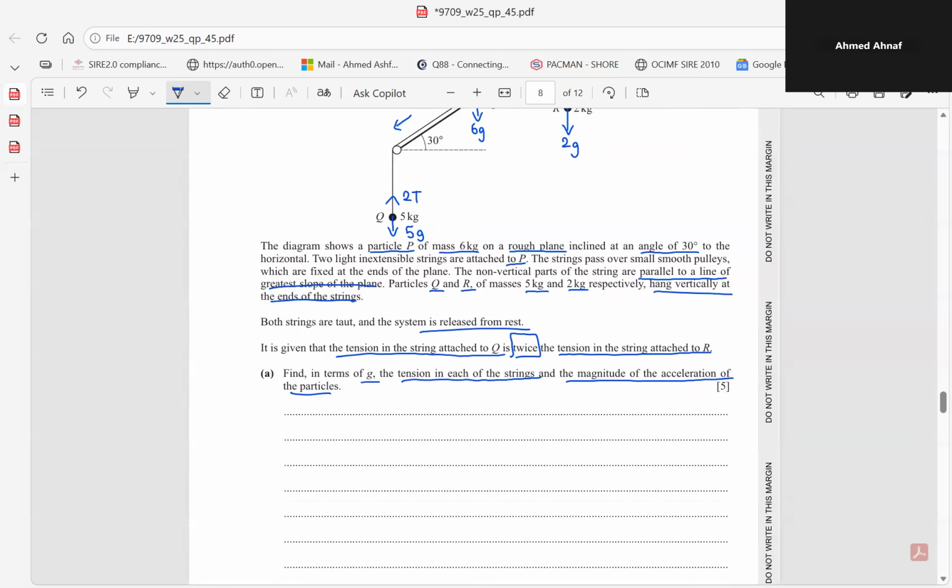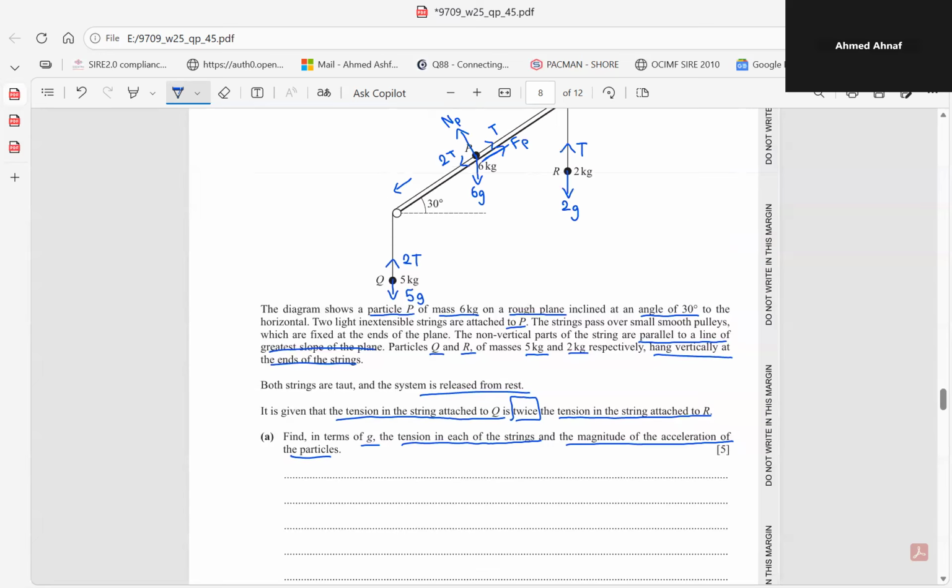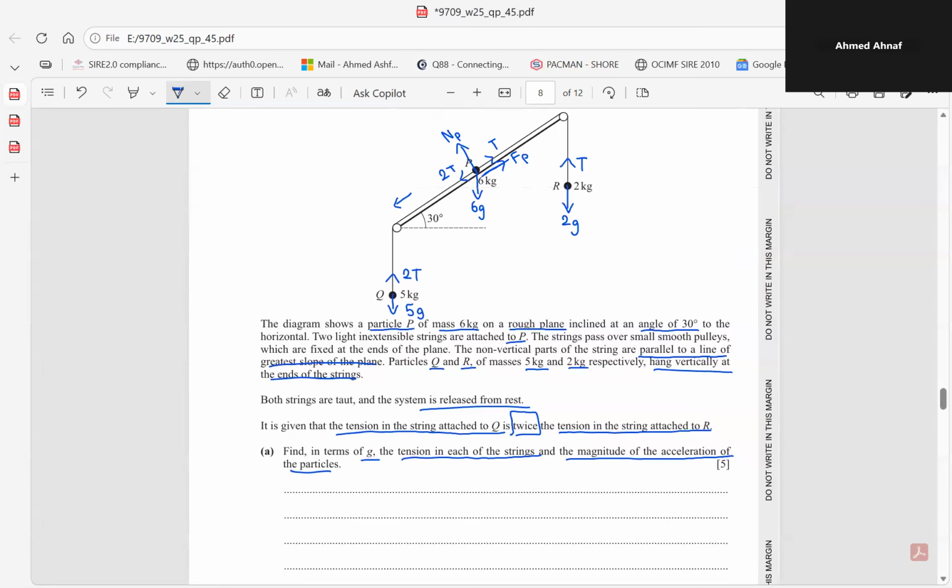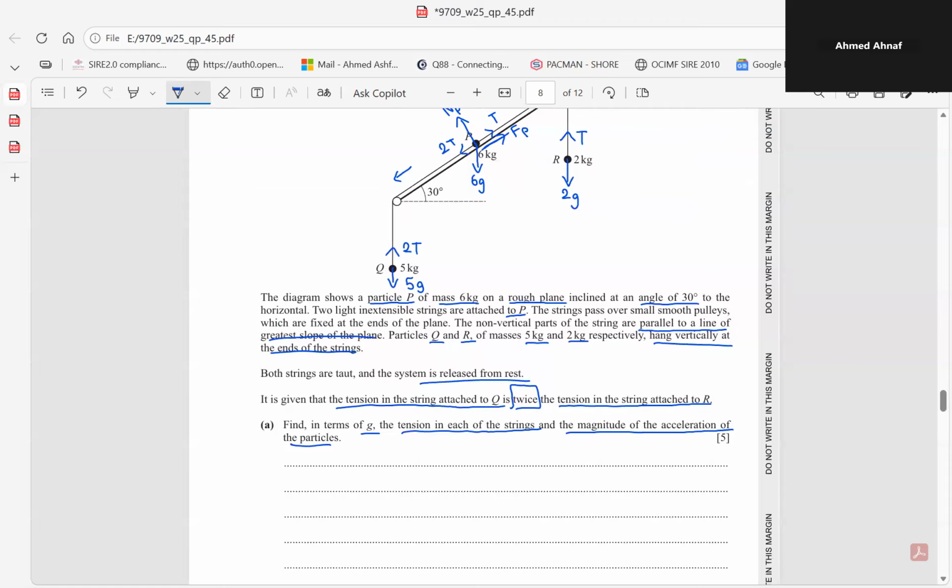Okay, let's take it for each system. So first we'll do only for QP, right? So for QP, the tension is only going to be... okay.